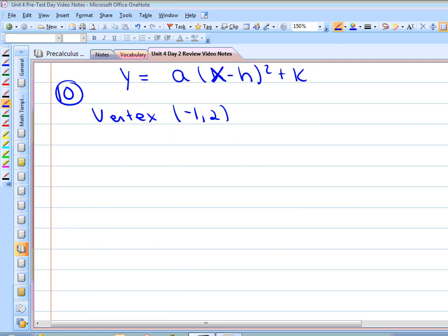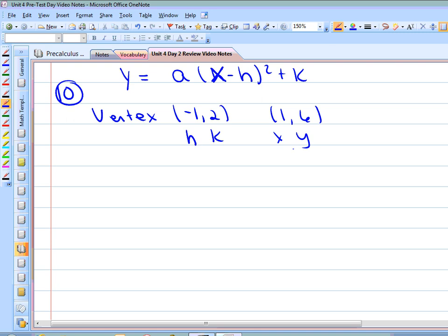All right, we have another one to practice, putting it in standard form. Again, you must know that equation. They give us the vertex, (-1, 2), which is your h and your k, and then they give us a point at (1, 6), which is your x and your y. First we solve for a, then we plug it all back in.